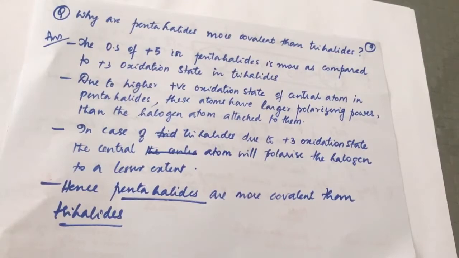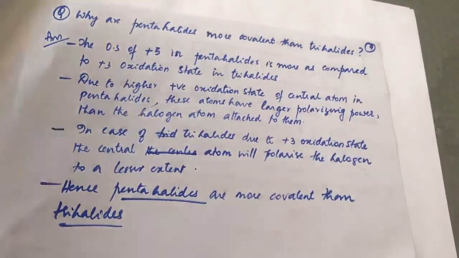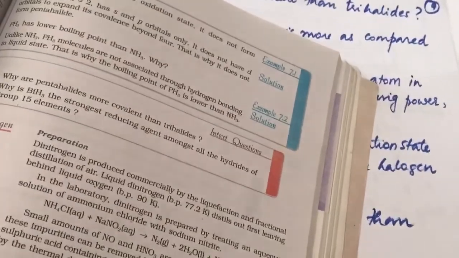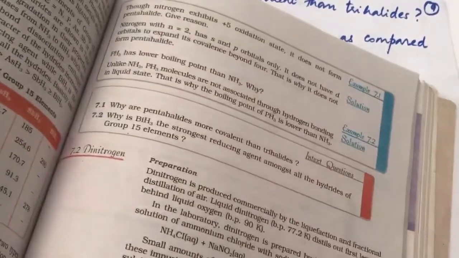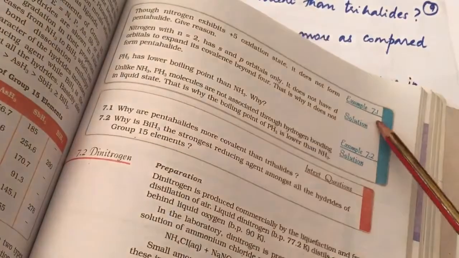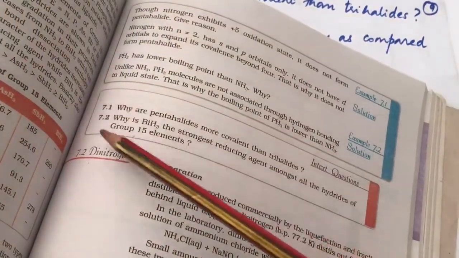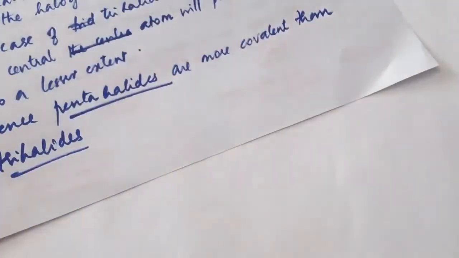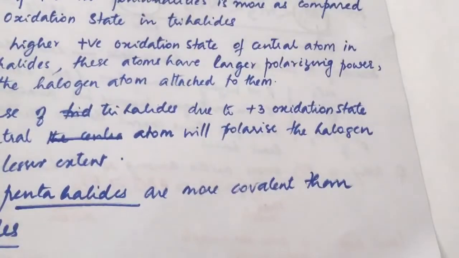That question is also there. So all that you have to put in your notebook. You can see it here. Yes, this one: example 7.1, 7.2, and the 7.1 and 7.2 in-text questions. I want it written down in your notebook. That's homework for you.